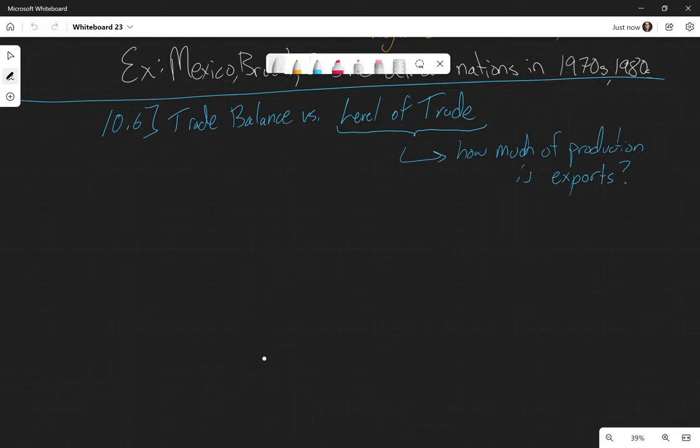This does not equal the trade balance. The level of trade is measured as the percent of exports out of your GDP. Some percent.